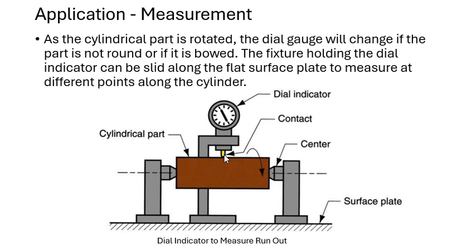The contact can slide along this cylindrical part, which is also held by this fixture. And this is your surface. Here the center line is really very important for getting the right reading in the dial indicator.